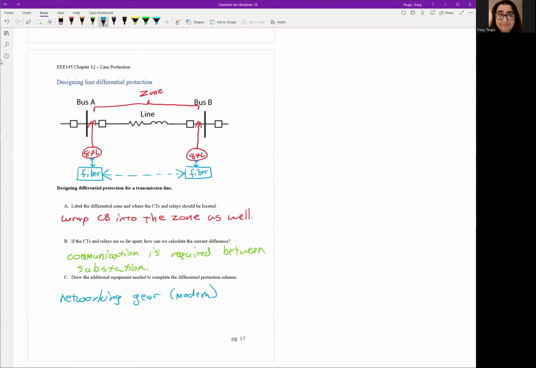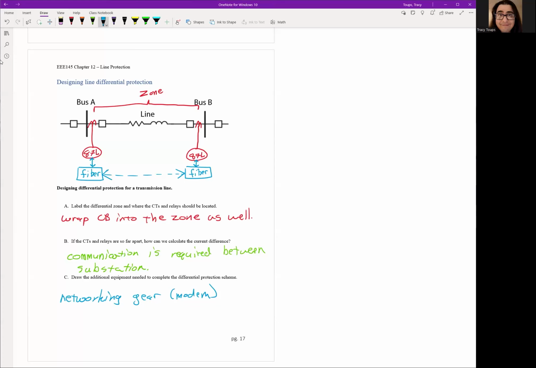So you can see the fiber modem is literally just a medium to send information back and forth. So in the purely protection world, once you connect two relays by fiber optics or other communication means, they might as well be at the same point now. The 87L at substation A can talk to the 87 at substation B in less than 1 millisecond lag. They might as well just be right next to each other electrically, which is good because then they can talk to each other easily.